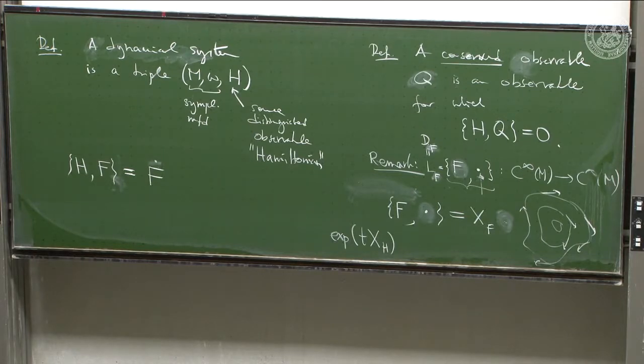Questions so far? So this is the short version of classical mechanics in terms of this geometry. Now I would like to make an important distinction. Well, first of all, we have the Noether theorem. Well, a corollary of all this is Noether's theorem.